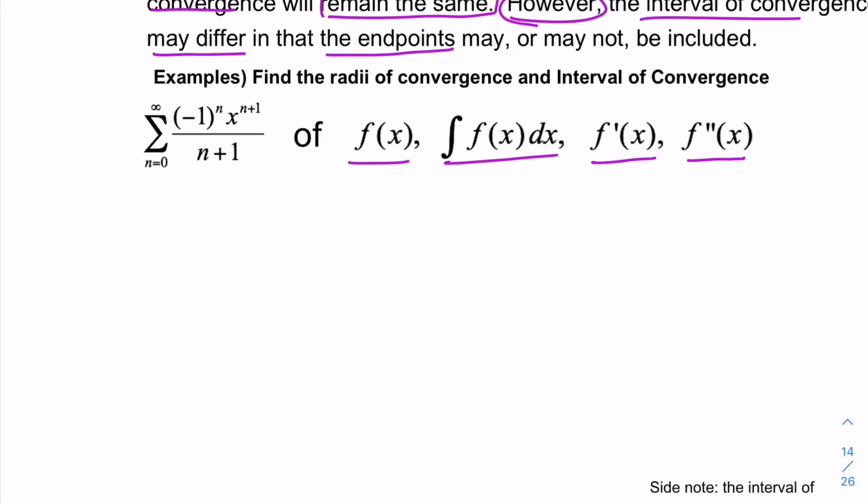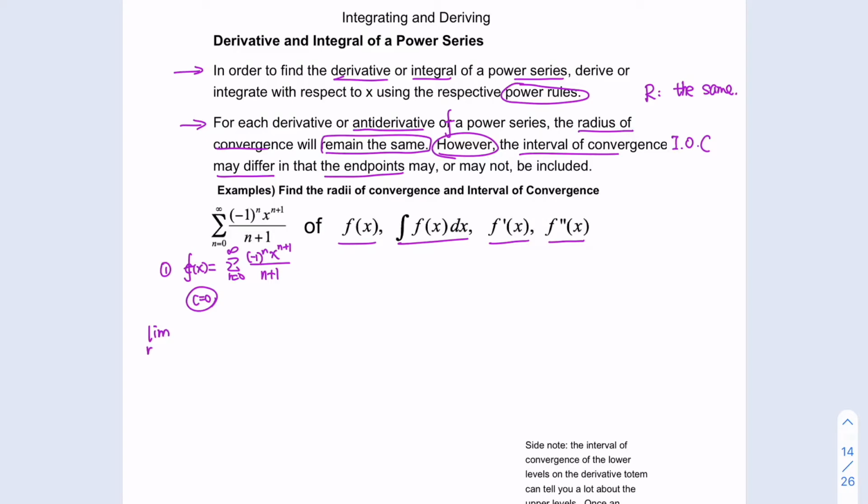So the original series, f of x equals this. Center is 0. We take the limit of the ratio test, a_(n+1) divided by a_n. We plug everything in, negative 1 to the n plus 1.